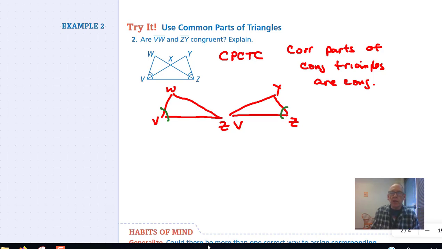This VZ side is shared between the two triangles. So far we have that. Let's see what else we can get. Let's see, what can we do with this angle here at W? Or this angle here, X, this angle is going to be congruent to this angle. This angle is congruent to this angle. Can't do anything there with that.